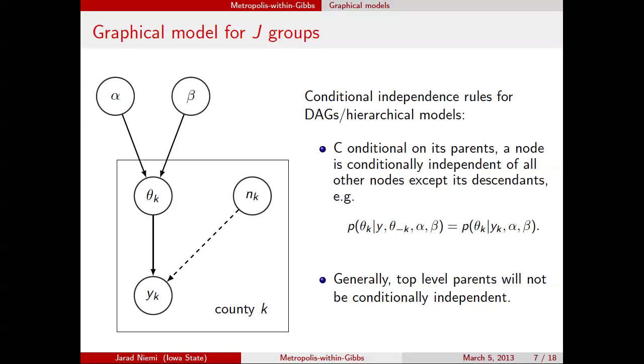Alpha and beta are not going to be independent of each other, conditional on anything, even conditional on the theta k. You might think, given this model, if you knew the theta k, that alpha would be independent of beta. But we just saw on the previous slide it's not.